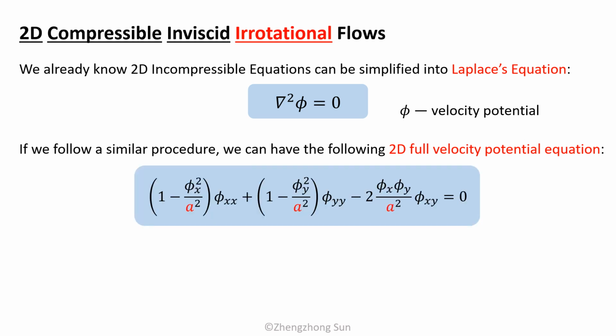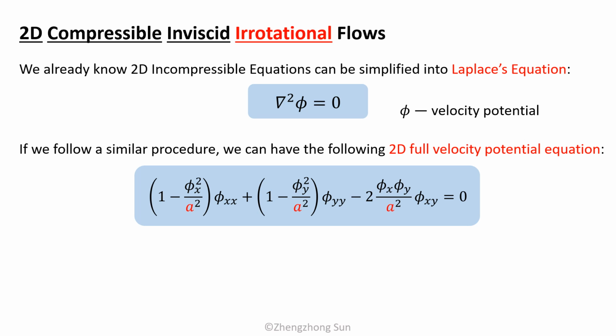The detailed derivation is not given here, but we will revisit the derivation in the next mini lecture. You can see that the notation a is highlighted in red. a is the speed of sound, since we are talking about compressible flow, and we will be more concerned with the Mach number, which is the velocity divided by a, where a is the speed of sound.